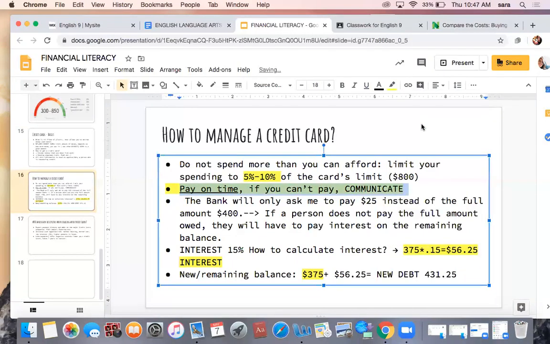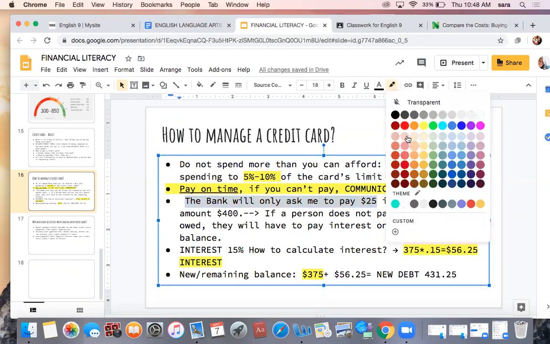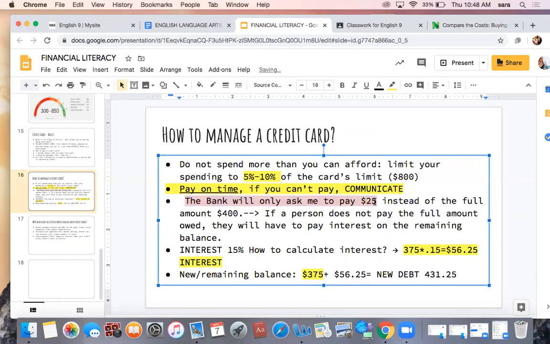Okay, pay everything. Of course, you don't want to spend that much money, but if you're going to spend $50, pay it off. Don't go by the lure, or the lie, that says you can always pay $25 instead of the full amount, but that's a trap.